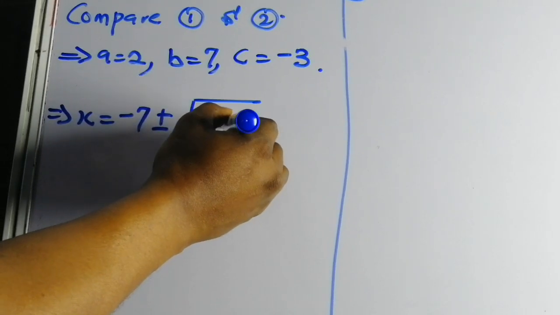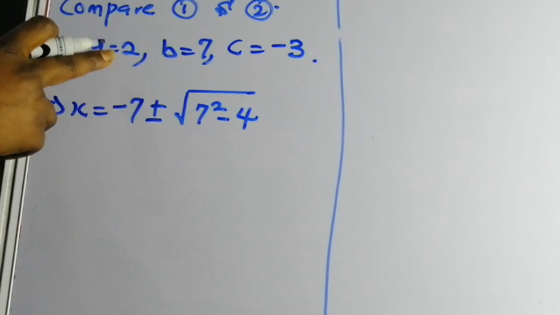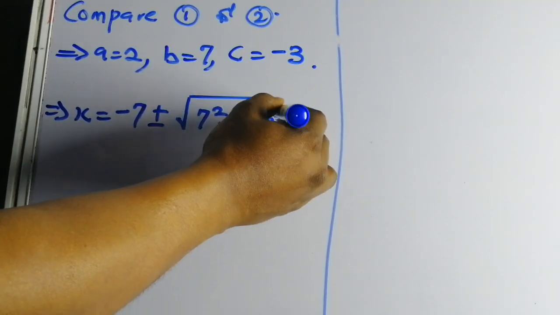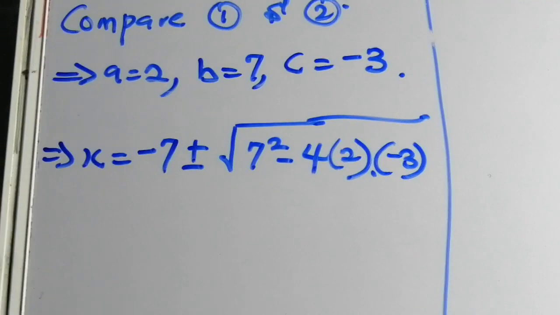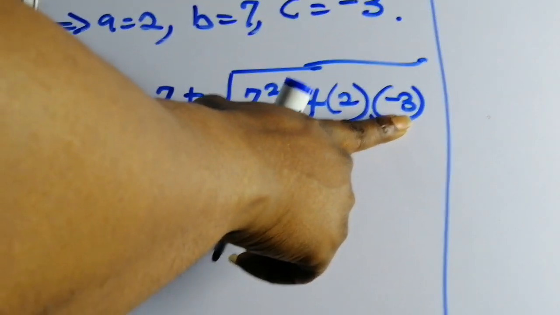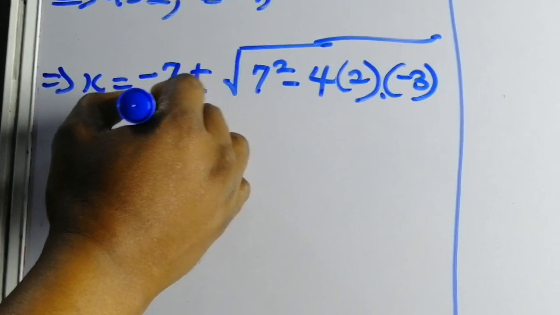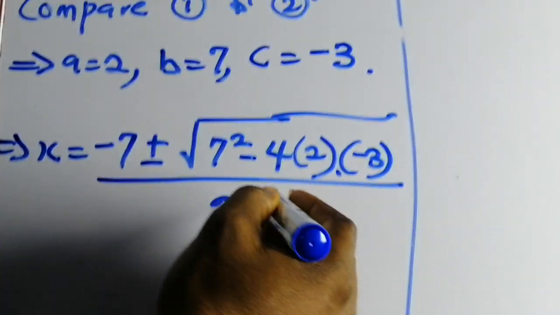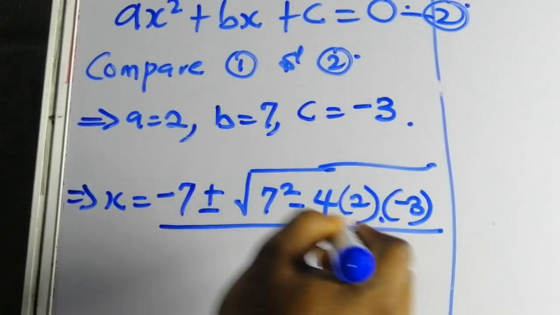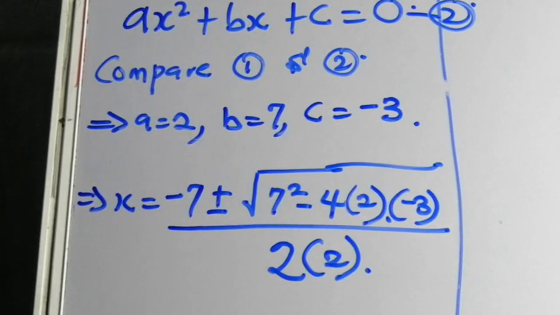That's 7 square minus 4. What is my a? My a is 2. What is my c? Look at it here, my c is minus 3. Then everything will be over 2 times a. What is your a? A is 2. Okay, so that is very straightforward.